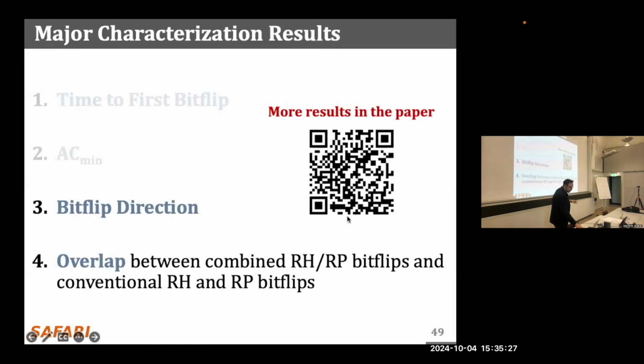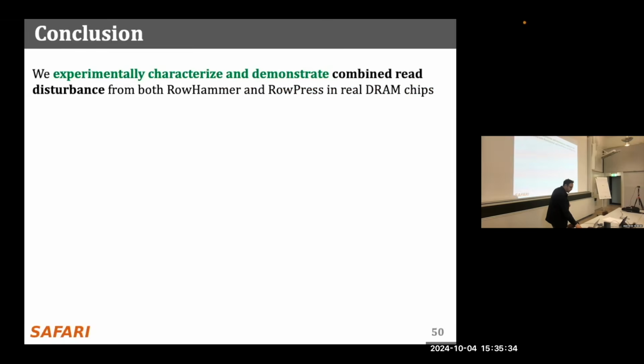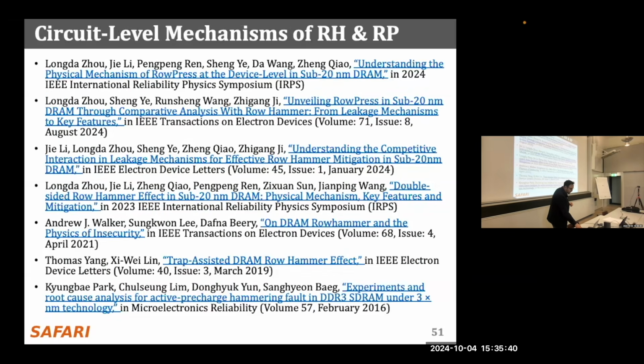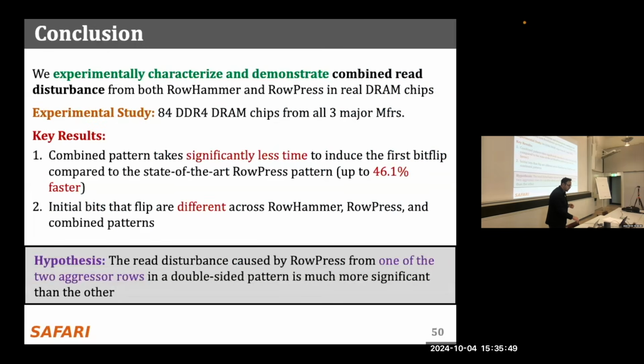You can access the full paper from the QR code, and all the slides are uploaded on the course web page. For the interest of time, I'm going to skip the conclusion, since I already talked about all those, and move to more low-level discussions. If you don't have any questions, but I can take questions, yes.